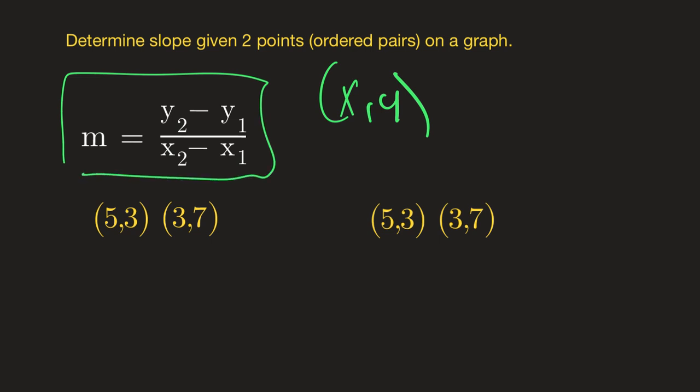Now, I do have the slope formula here for you. This would be good for you to know. I think it was on the warm-up today. Lowercase m represents slope. The way that formula is read is y sub 2 minus y sub 1 divided by x sub 2 minus x sub 1.